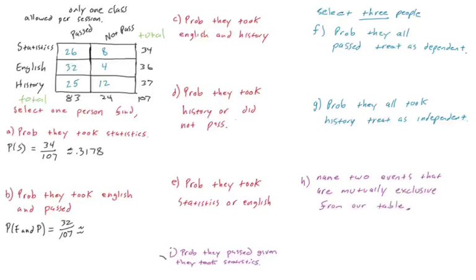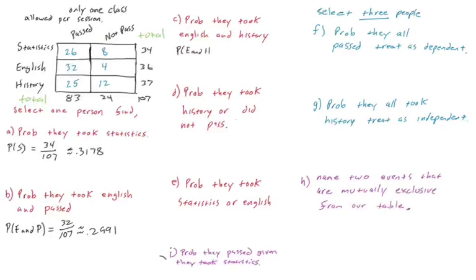Where this is coming from is we're doing an AND case, so 2 different events: they took English, which is this one here, and they passed, which goes this way. Since it's an AND, we're looking for that intersection. So it's 32 out of our grand total, 107, and to 4 decimal places we get about 0.2991.